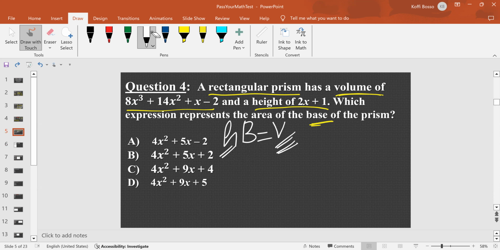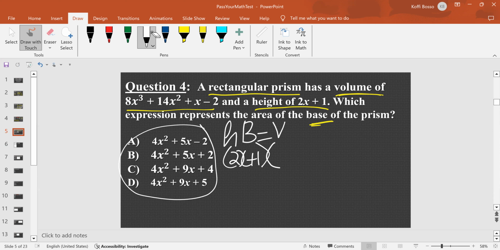Okay, now, one way to solve this question is to take the height, which is 2x plus 1. We're going to multiply that height by the base. We are looking for the base, but they give you 4 different answers. So we're going to take one by one to multiply to see which one will give us the volume.